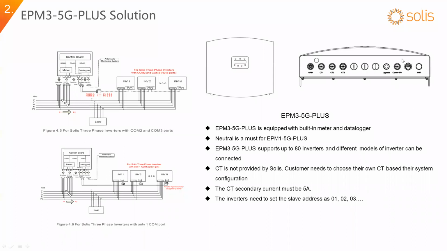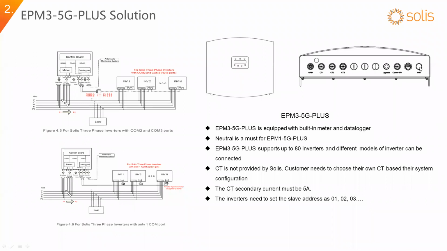And then here you will have a separate RJ45 port used for the monitoring from the internal data logger. You can just use an Internet cable to connect this port to the router, and then you can do the monitoring function.